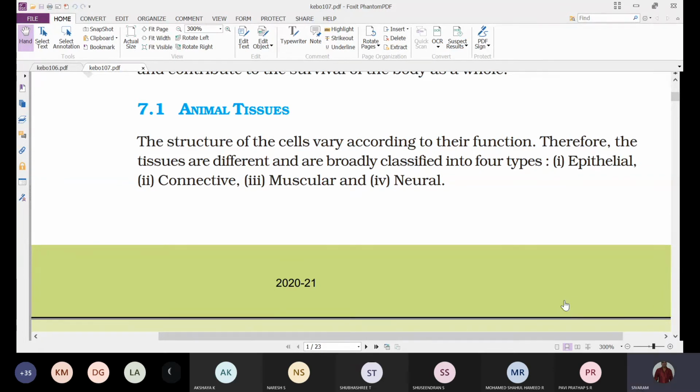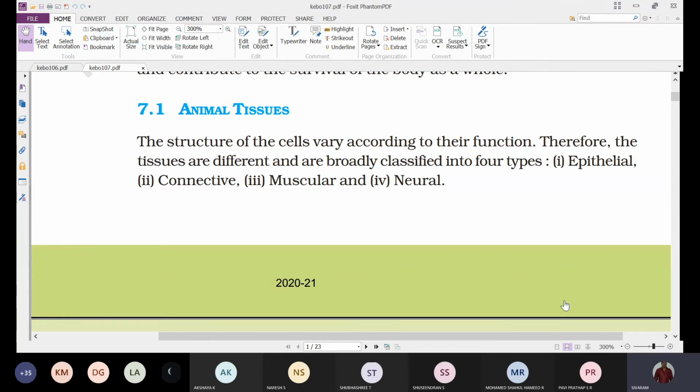So based upon the function, the shape and structure of the cells will vary. Therefore, the tissues are different and are broadly classified into 4 types.